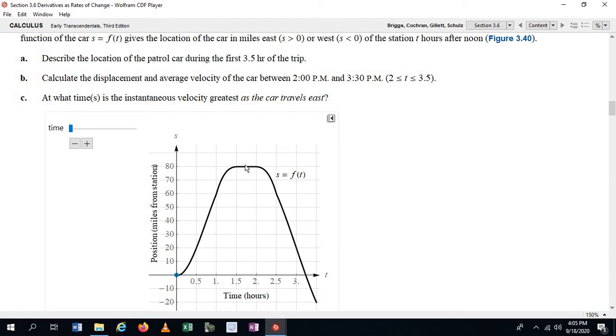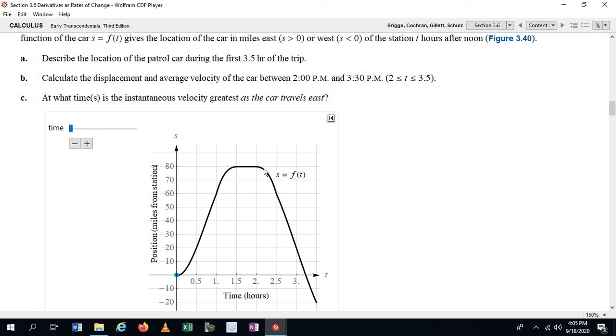Now look what's happening here between 1.5 and 2 hours. It looks like its position is staying at 80. So it's not moving. It's staying at the same position for this half hour.